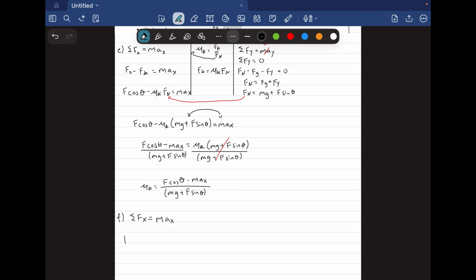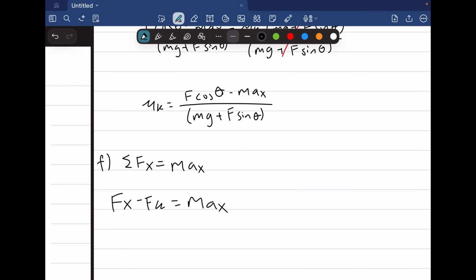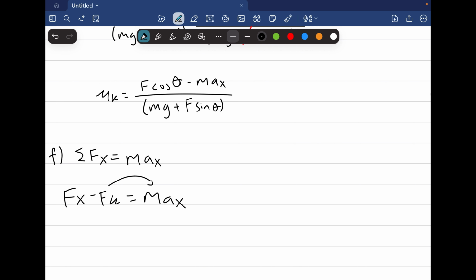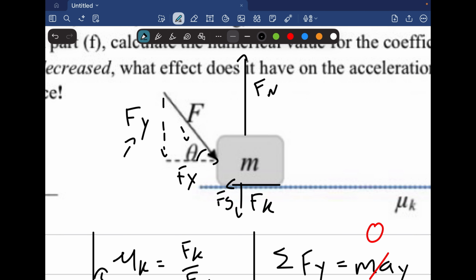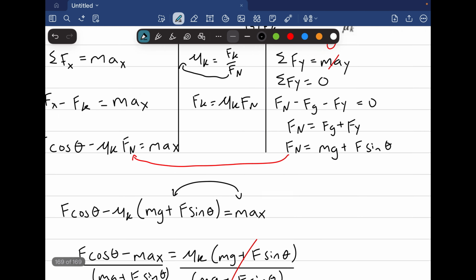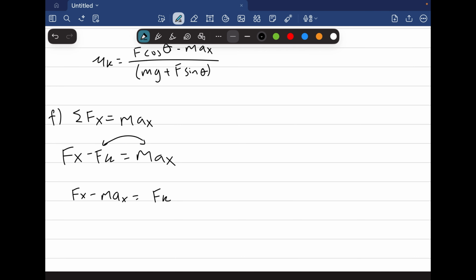So Fx minus Fk is equal to m a_x, right? So we're trying to find Fk. So I'll swap these two to isolate for Fk. Then Fx is just adjacent to theta, so that's just F cosine theta. So Fk is equal to F cosine theta minus m a_x, right?